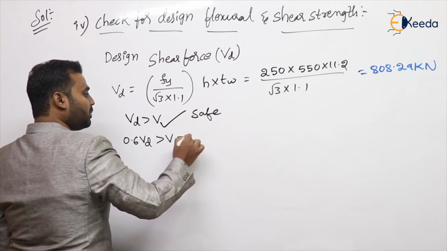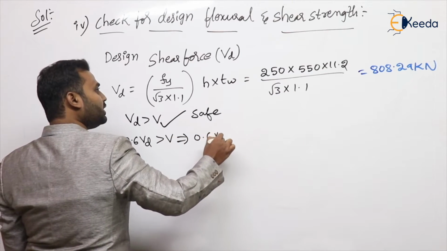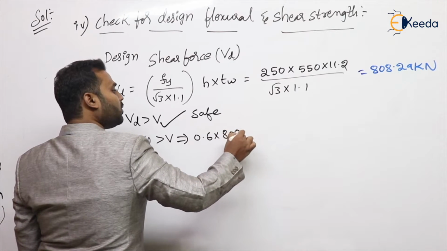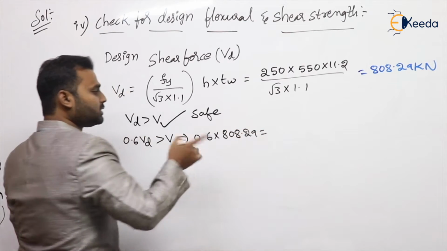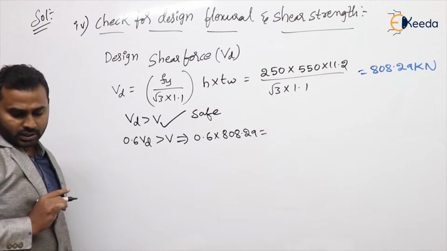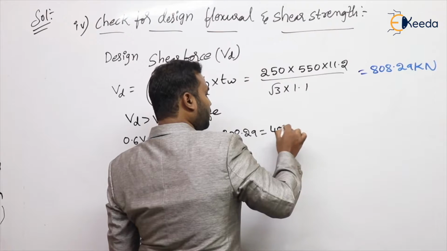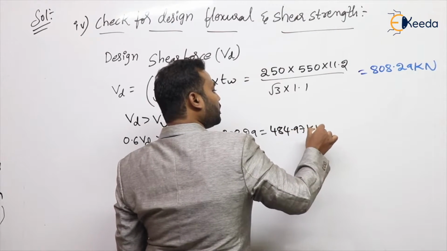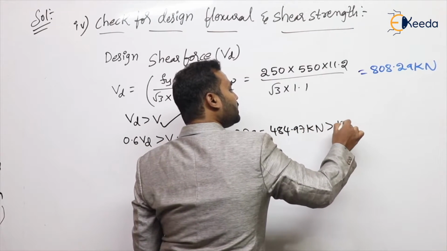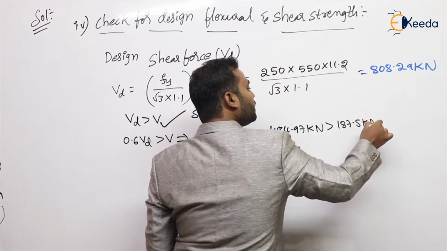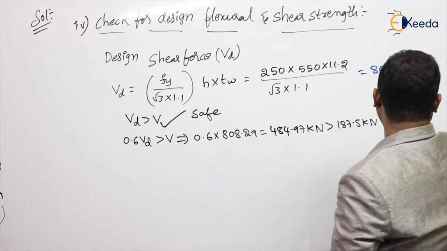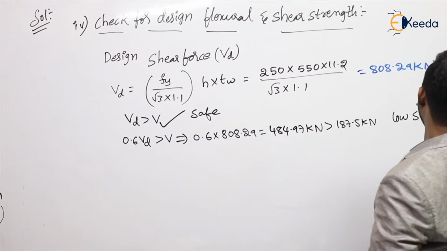Now, 0.6 into VD, that is 0.6 into 808.29, comes out to be 484.97 kilonewton, which is greater than V, that is 187.5 kilonewton. Therefore, the given beam is in a low shear case.